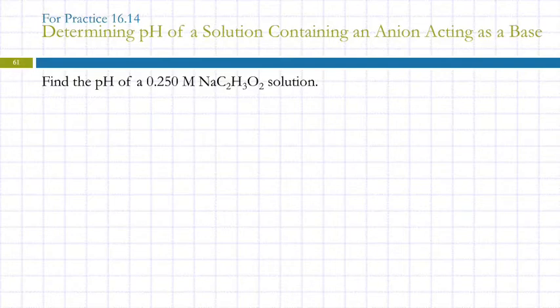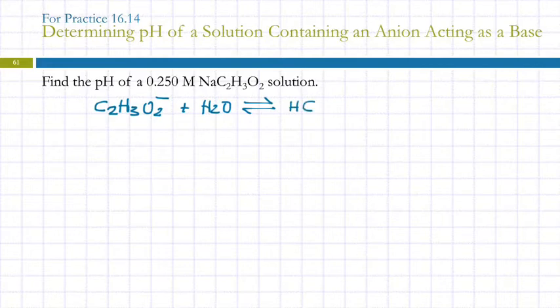So we've got C2H3O2 minus. And when this is acting as a base, interacting with water, it's going to accept a proton. So it's going to be HC2H3O2 plus hydroxide ion. Okay with that?